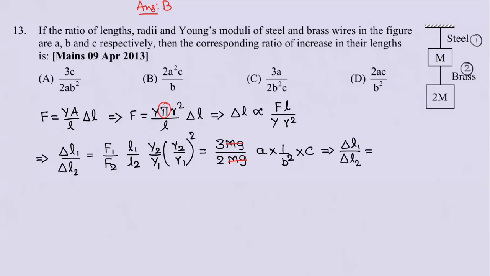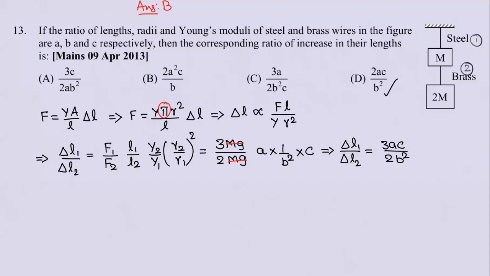That is equal to 3AC by 2B square. Wait. Young's modulus is an inverse ratio. I made a mistake. Lucky that the answer is not there, right?